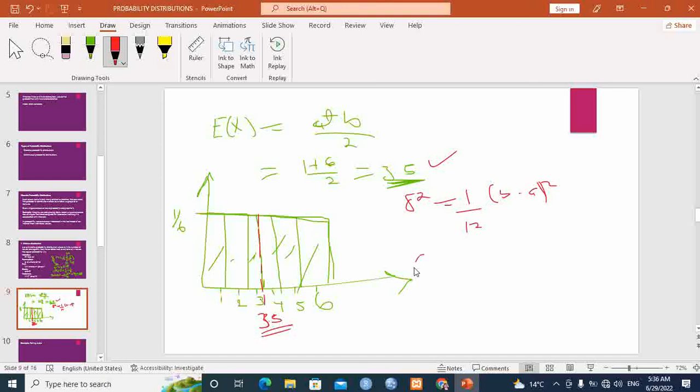Of course, the standard deviation would be equal to b minus a divided by the square root of 12. This is our standard deviation. So look at how you can get both for uniform distributions.